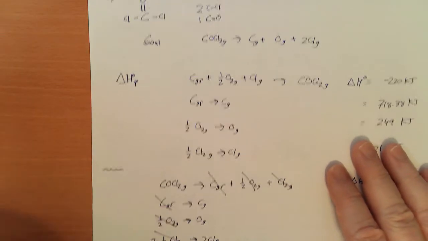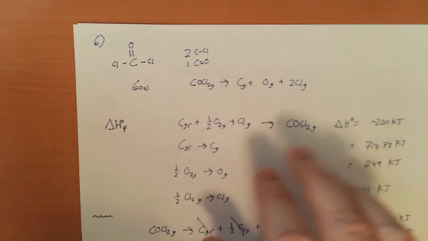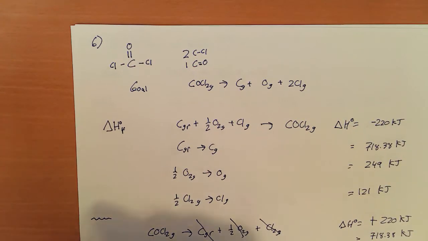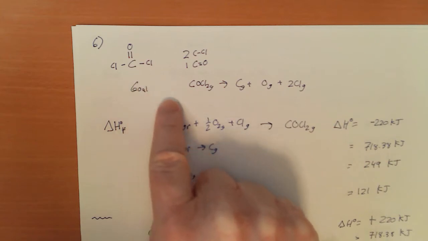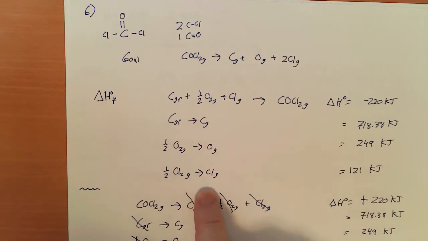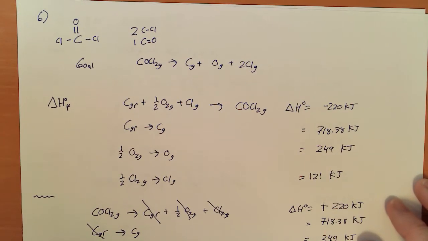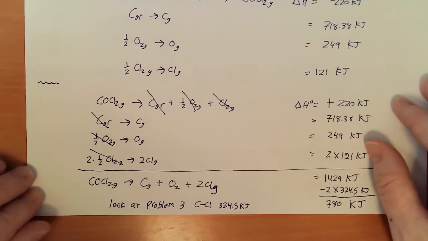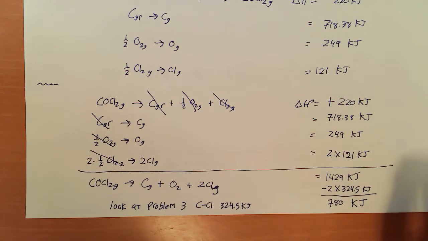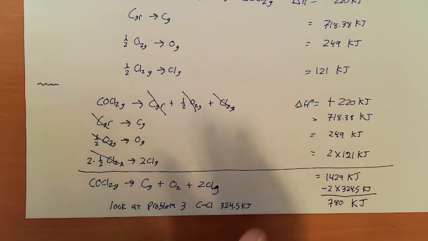I'm doing a carbon to oxygen again in a different molecule, and there's a reason for this, which we'll get to in question 10, I think it is. So COCl2 gas, heat of formation, known equations. Then down here, I work it out. Now, here's where I have to do something a little bit different than the previous 5 problems.